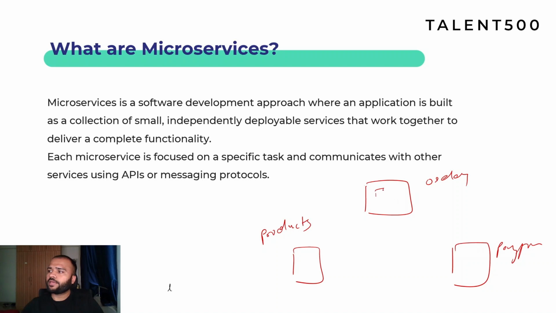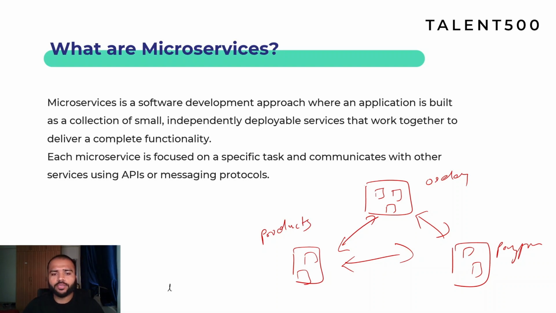Inside them there can be multiple instances of each running, but they are all handled differently. Only now what in microservices architecture they need to do is communicate with each other, and obviously we have all the APIs and messaging protocols for that communication, and using that they convey whenever they want to convey something to the other, and together they give the entire experience to a user of the product.